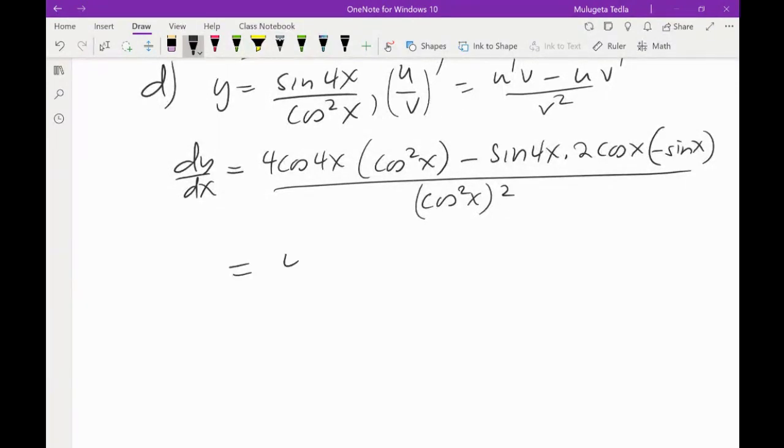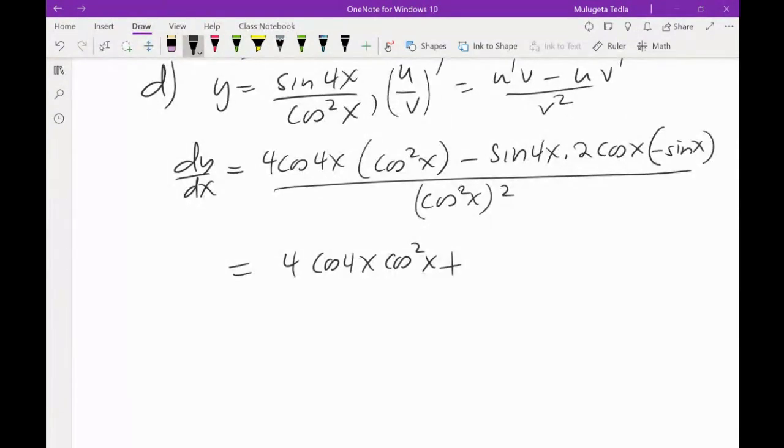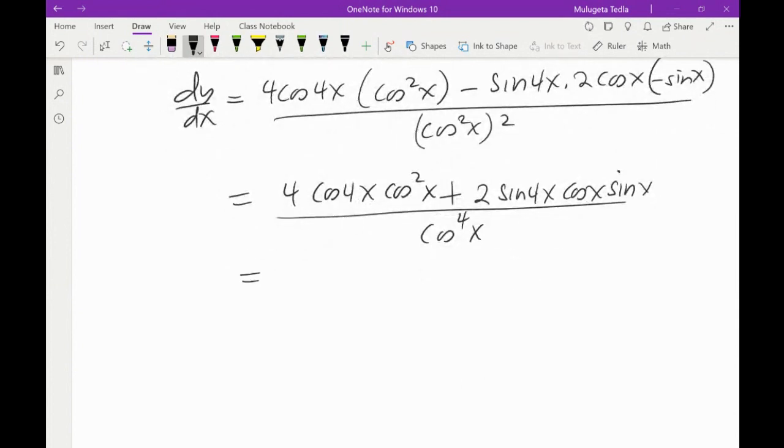In here, I have 4 cos of 4x cos squared x, minus becomes plus, 2 sine of 4x cos x sine x over cos squared x, cos to the 4x. Now I think it's important that we factor cosine of x from the top.